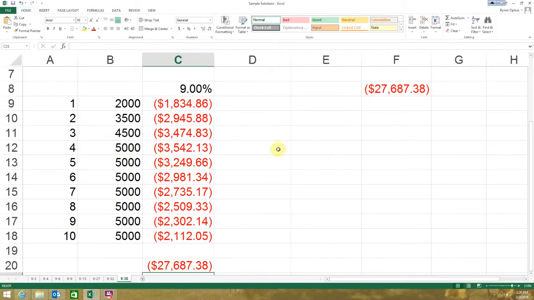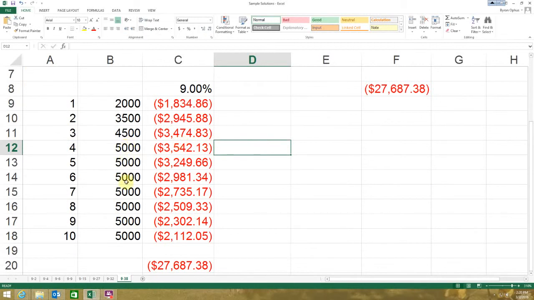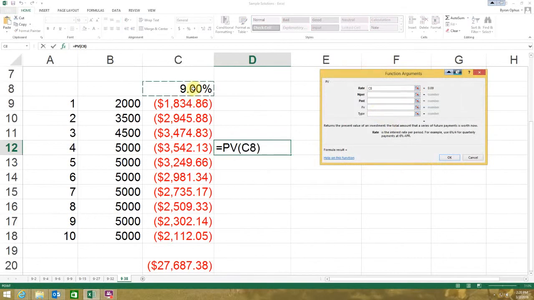If I'm calculating here to come up with this number, I have 1, 2, 3, 4, 5, 6, 7 years' worth. So when I calculate this present value, my rate is here. I hit F4, even though it doesn't matter, I guess. The number of periods I can plug in: it is the 7. And I've got a payment in this case.